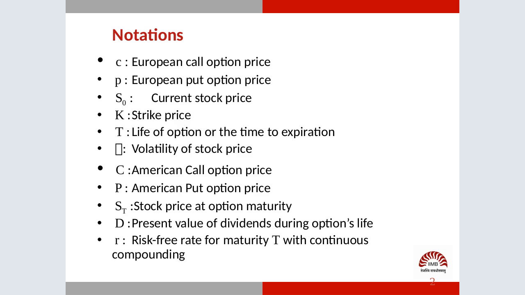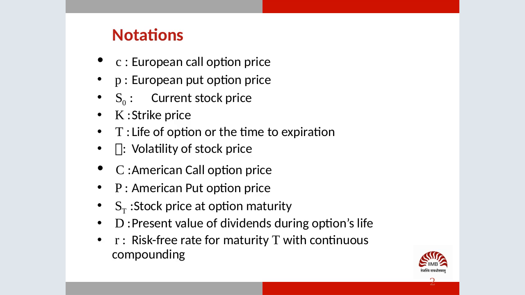So what we are talking about here is essentially notation. At some point as we go forward, we will have to calculate the values of C and P. Small c and small p are the values of the European call and European put options. If you look at the lower half of this list, capital C and capital P are the prices of the corresponding American options.